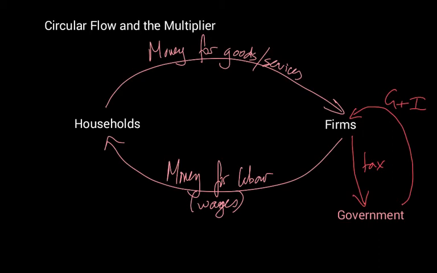Now, when we think about the circular flow, the important thing to remember is that we count AD each time the money is spent. So what this means is that when the government adds money into the economy as G and I, that money doesn't just stop with the firms, because the firms will spend it on workers as wages, so it will end up in the households, and the households will then spend it on goods from other firms.